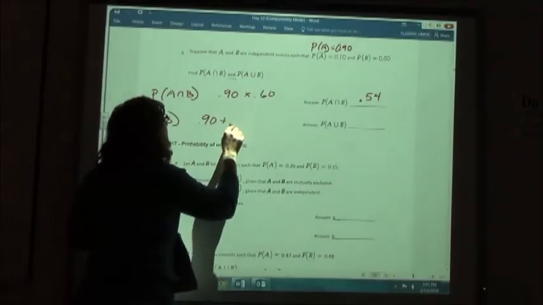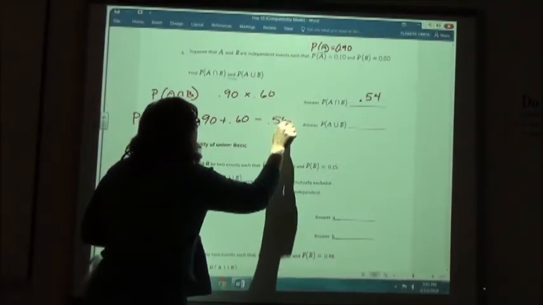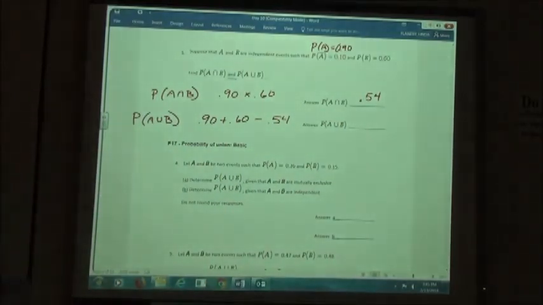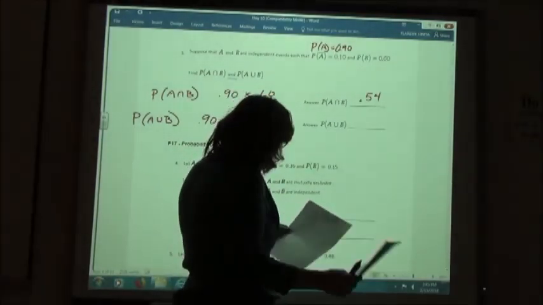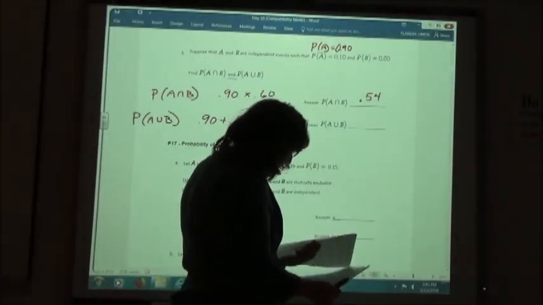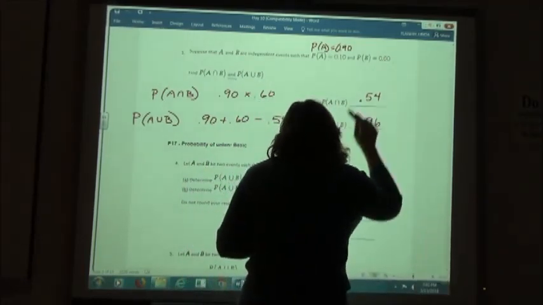I take the probability of A plus the probability of B, and I subtract the probability of both of them happening at the same time. 0.90 plus 0.60 minus 0.54, and I get 0.96. Good, that's what I got.